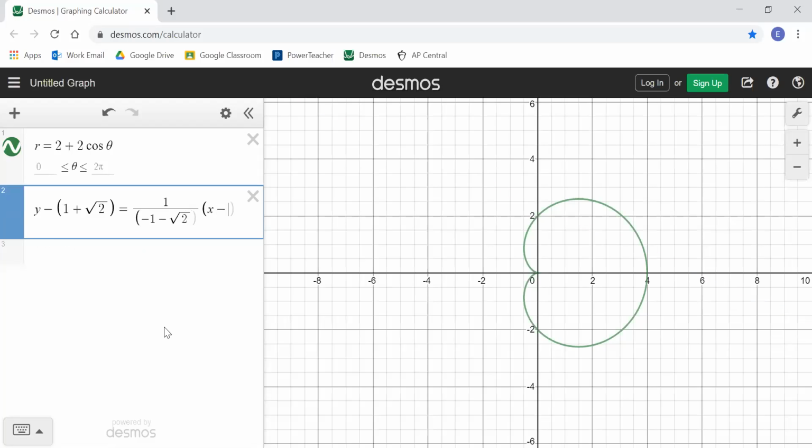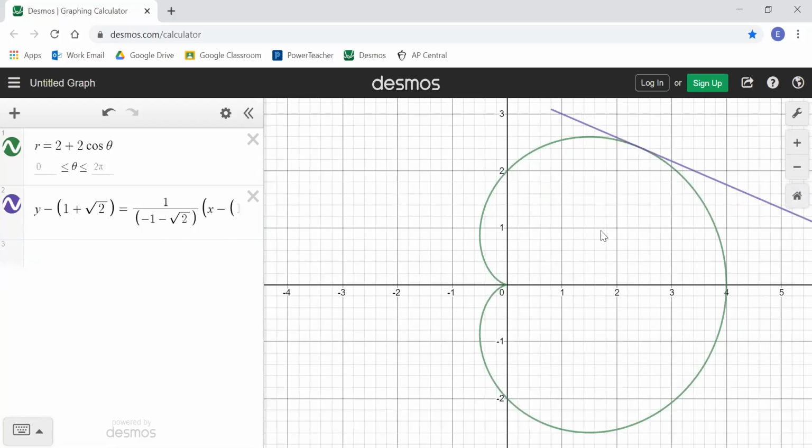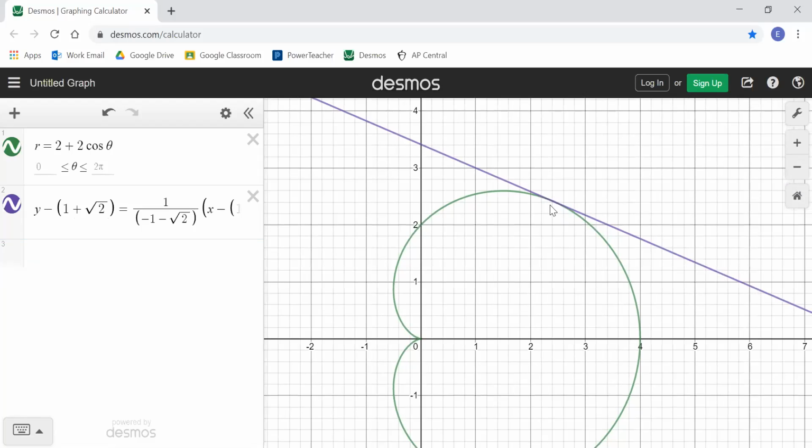Times x minus 1 plus root 2. There we go. Looks good, huh? Tangent line to our cardioid right there at that point. At pi over 4, right? Good or no?